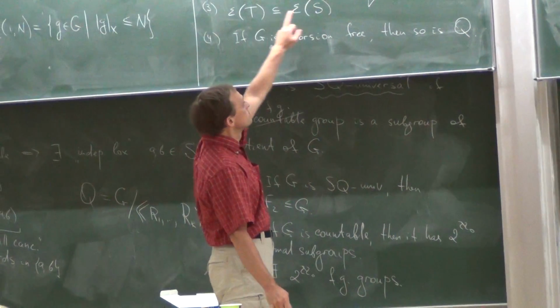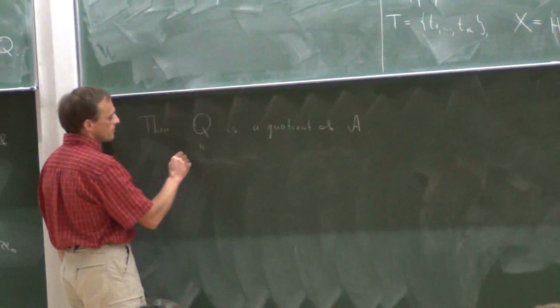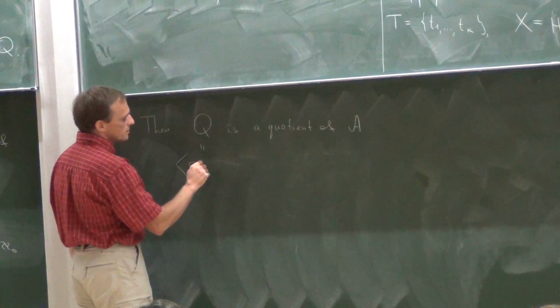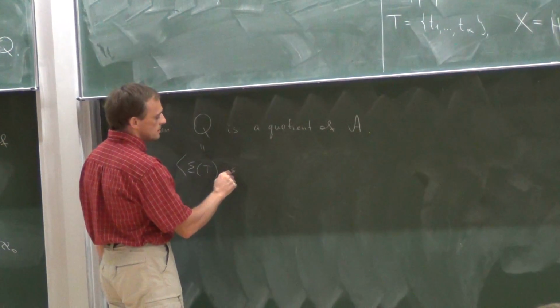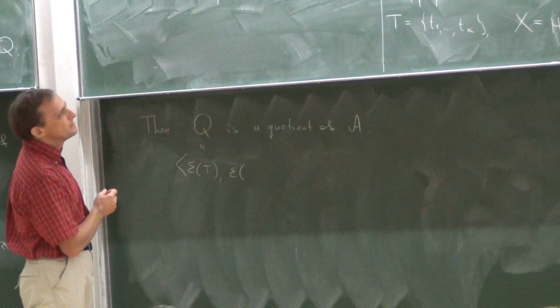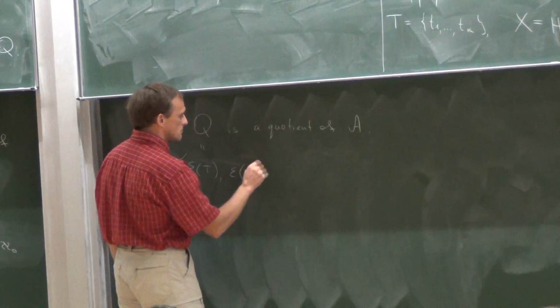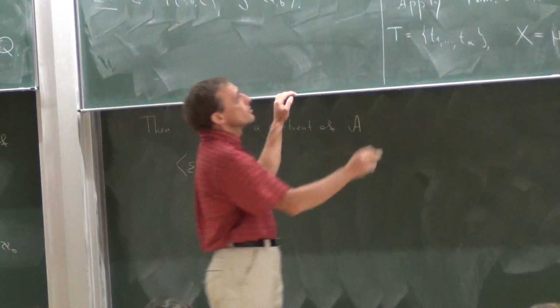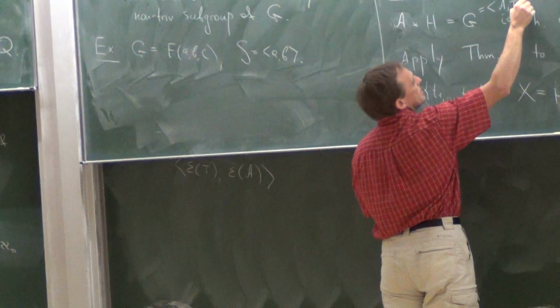Because of this condition. So Q is generated by epsilon of T, the image of T, and epsilon of A, right? Because G is generated by A and T.